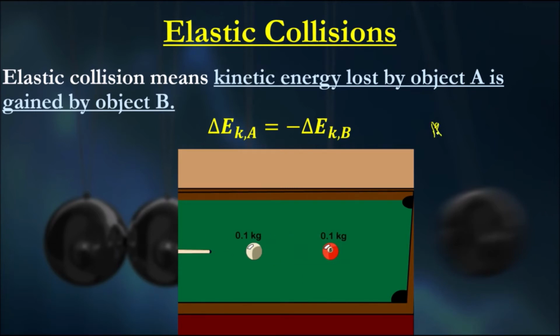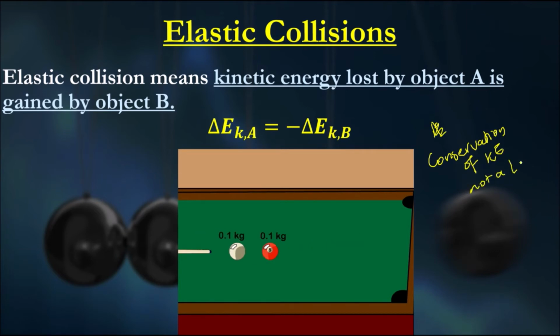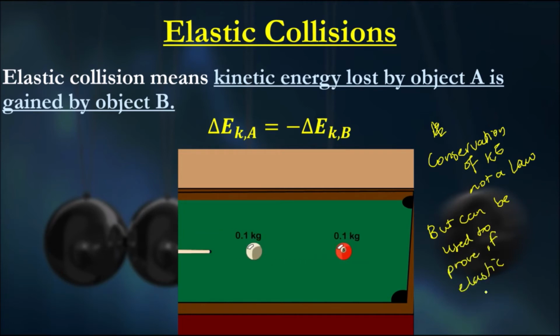Conservation of kinetic energy is not a law, but it is a way to prove whether or not an elastic collision has occurred, so it can be used to prove if an elastic collision has occurred.